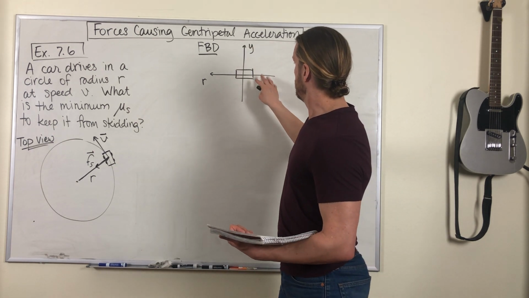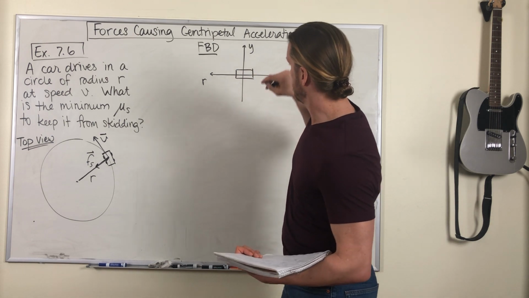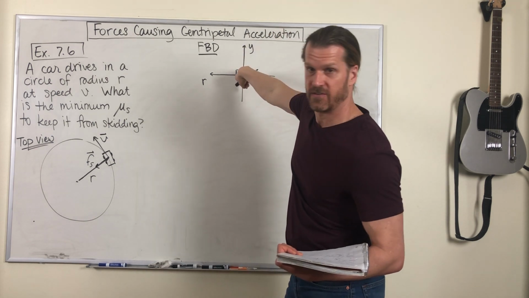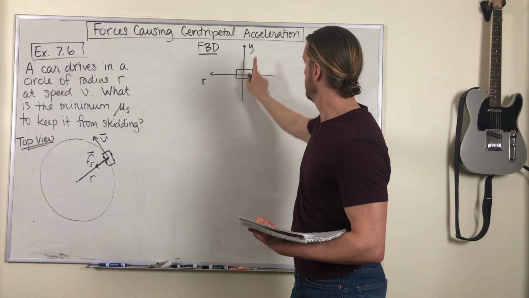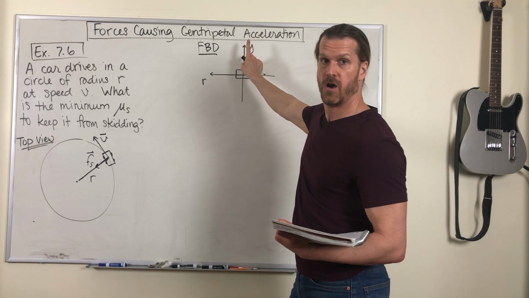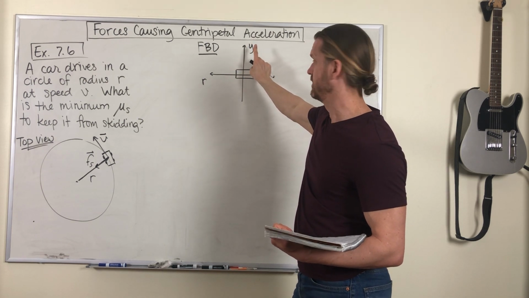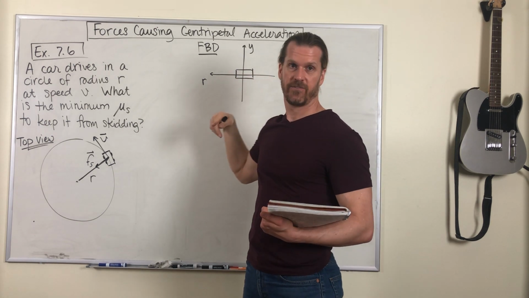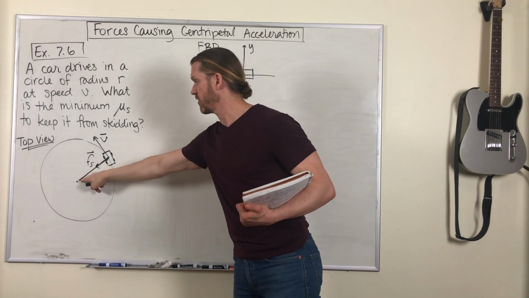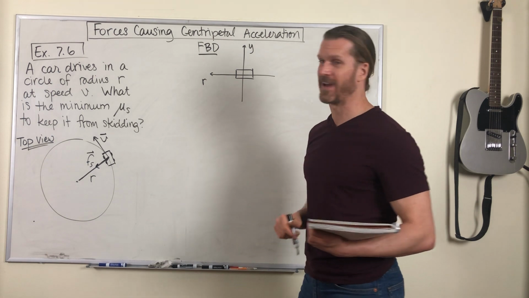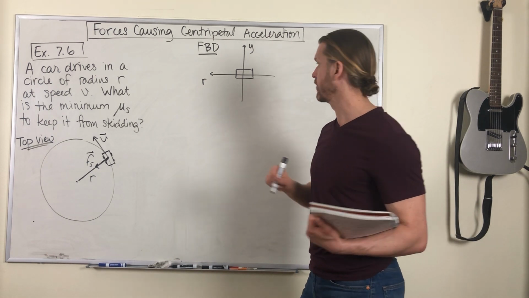So from behind the car, its velocity is going into the board. Up is the positive y direction, and to the left is toward the center of the circular path. That's the radial direction, toward the center of the circle.